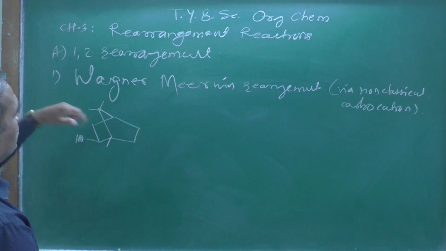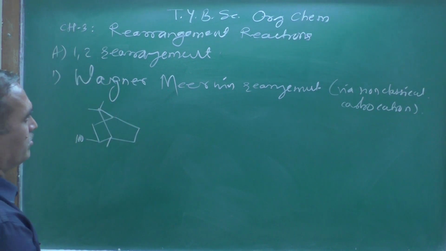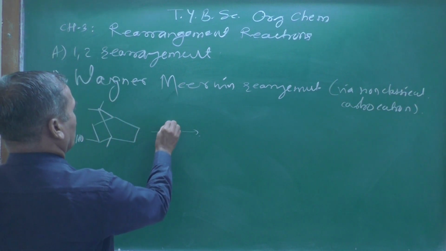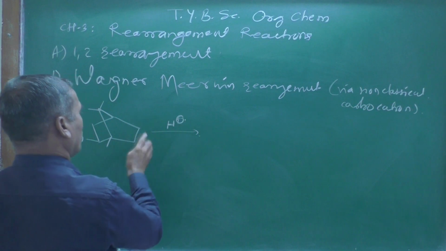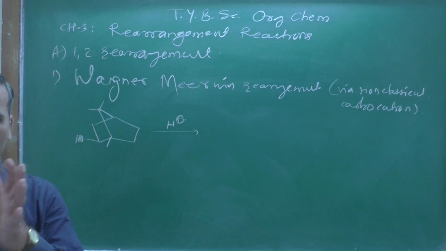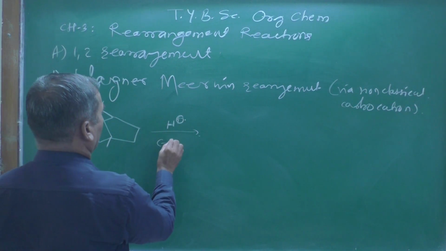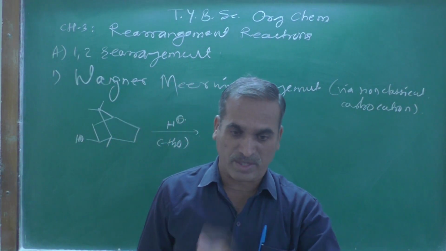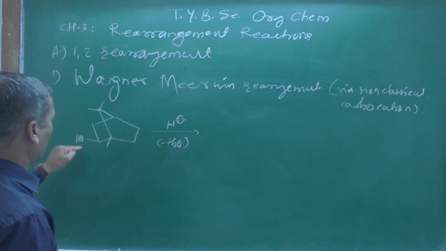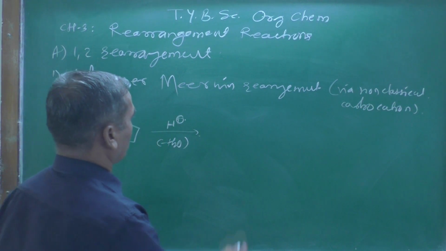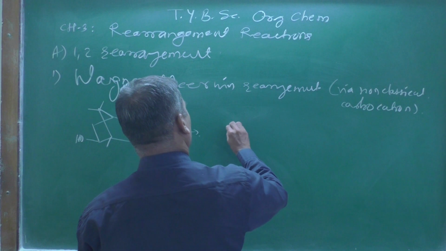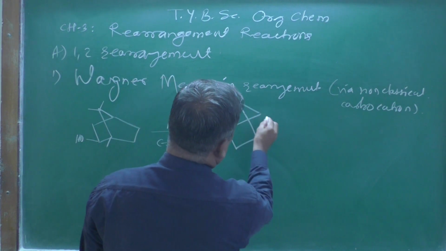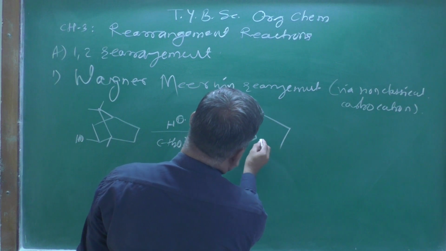When it is treated with H plus in an acidic medium, dehydration takes place, it gets protonated and forms a cation, and you get this type of intermediate.